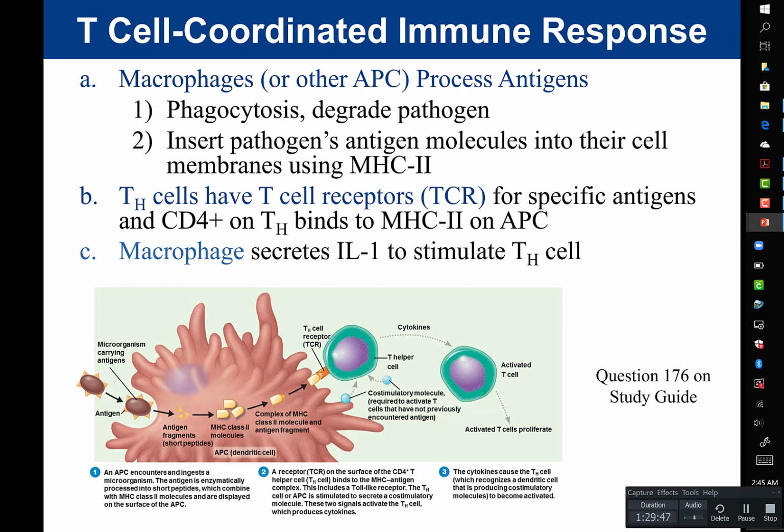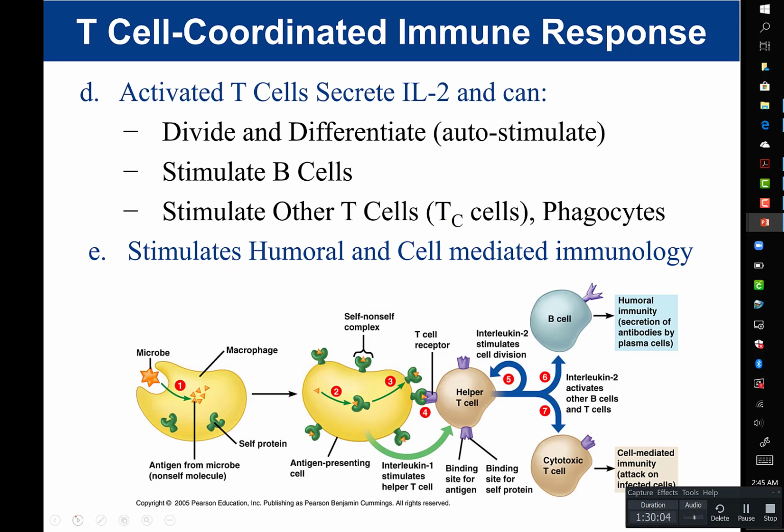A macrophage can secrete interleukin 1. Interleukin 1 is going to stimulate the T helper cell. So our macrophage is going to stimulate my T helper cell.